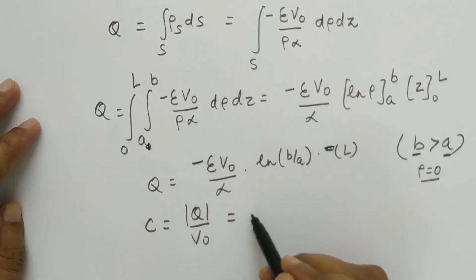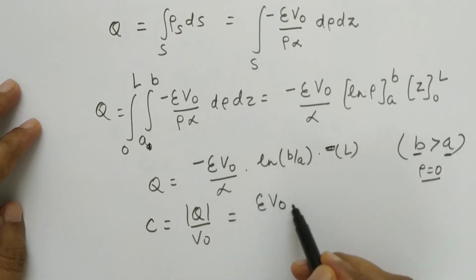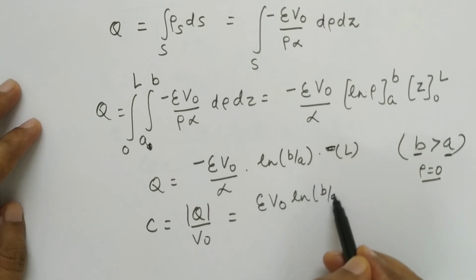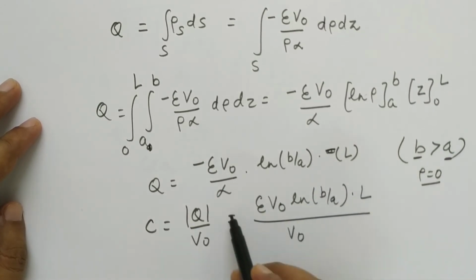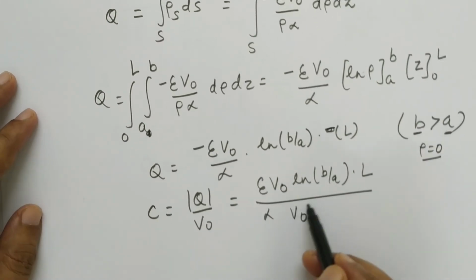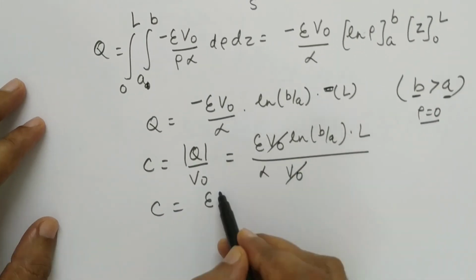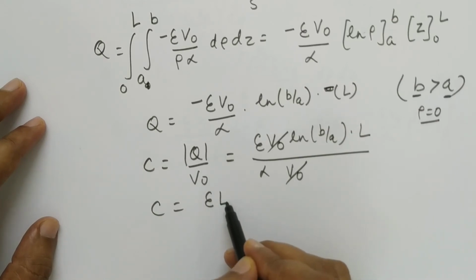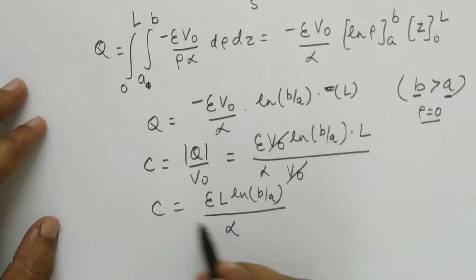So C is epsilon V naught ln b by a into L divided by alpha and V naught. So V naught is cancelled. We have the capacitance as equal to epsilon L ln b by a divided by alpha.